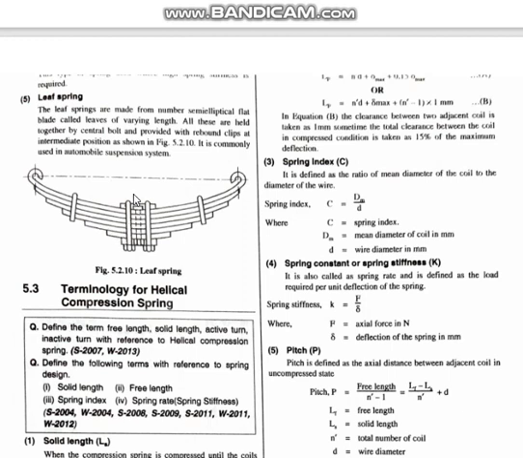Yesterday I showed you the pictures also, Google pictures. This is the top one. The leaf springs are made up of a number of semi-elliptical flat plates called leaves. These are held together by a center bolt. You see, this is the center bolt, and provided with rebound clips at intermediate positions.